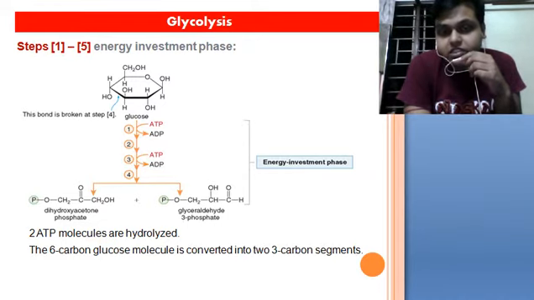The first is dihydroxyacetone phosphate, and the second is glyceraldehyde 3-phosphate. The conclusion of the whole process is summarized here: 2 ATP molecules are hydrolyzed and the 6-carbon glucose molecule is converted into 3-carbon segments.